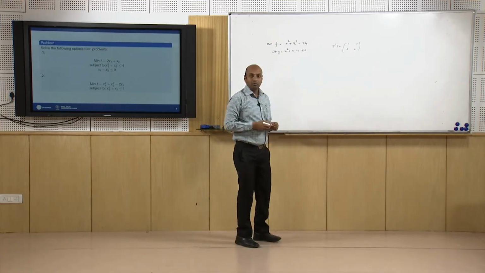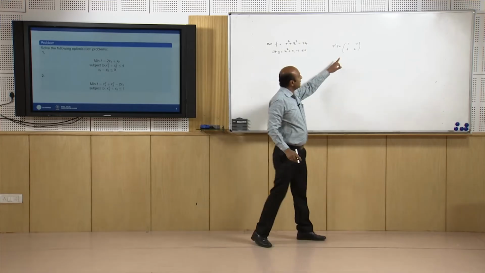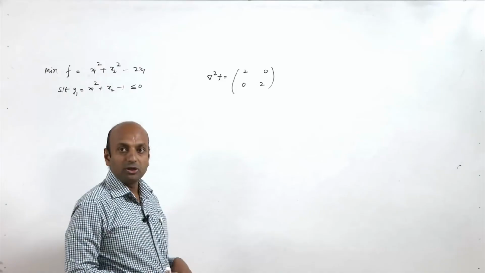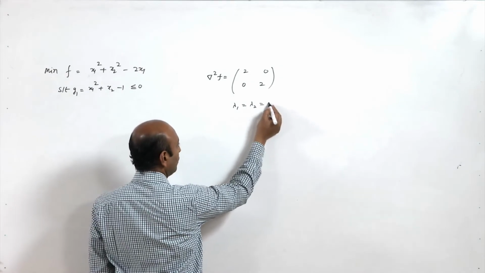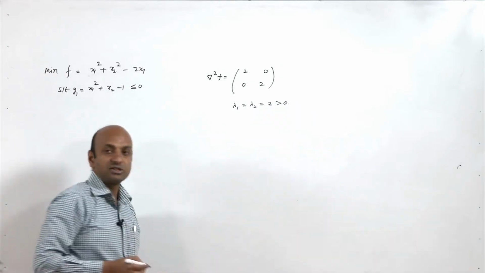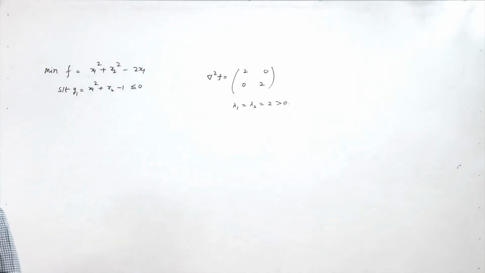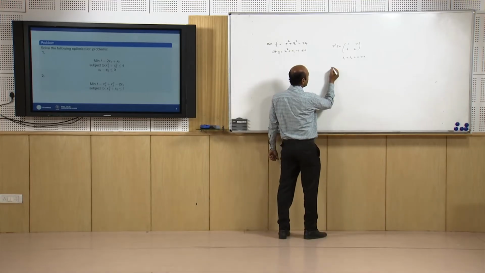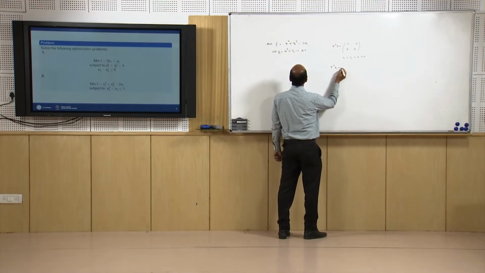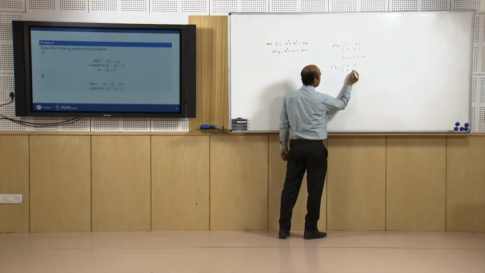So, it is clearly convex because lambda 1 and lambda 2 both are equal to 2, and both are strictly greater than 0, means this matrix is positive definite, hence strictly convex, that means function is convex. And Hessian matrix of g1 will be 2 0 0 0.